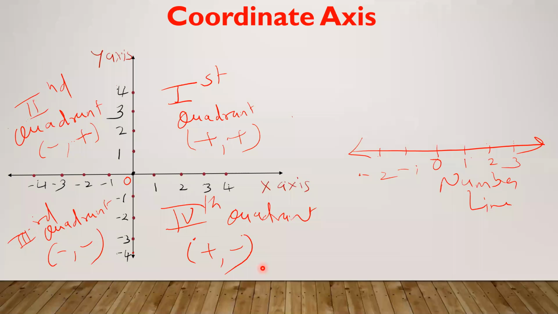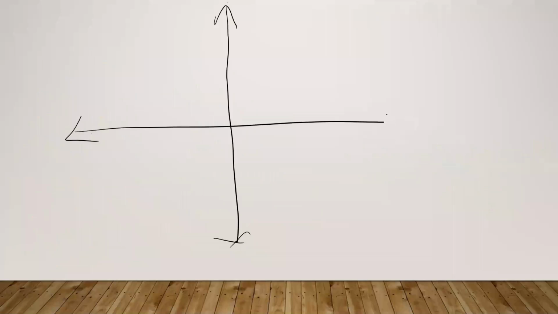If you take any point in the plane, it will have two coordinates, x coordinate and y coordinate. Let us see. Suppose I take the x-axis and y-axis like this. This is y-axis and this is my x-axis.